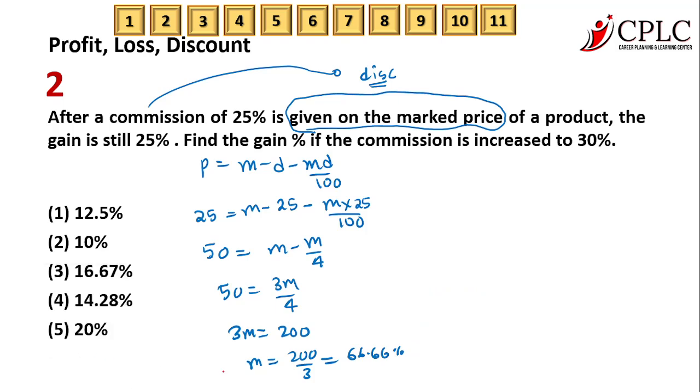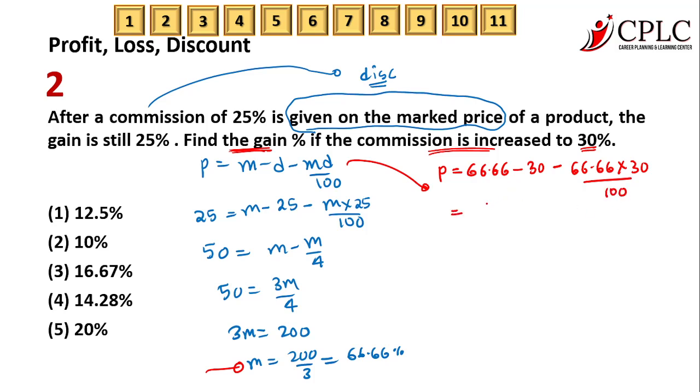Now, what are they asking us to do? They are saying find the gain percentage. So we have to find the profit. If the commission, that is discount, is increased to 30%. So what we can do actually here is we can use the same formula one more time. Why? Because now we are supposed to find out the profit. Markup percentage is what we have calculated right now, and discount is given, which is 30. So after substitution, this is what it looks like.